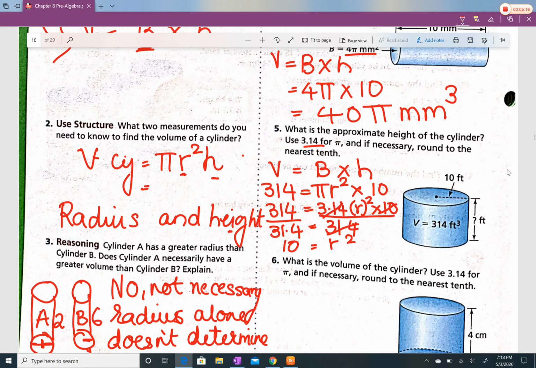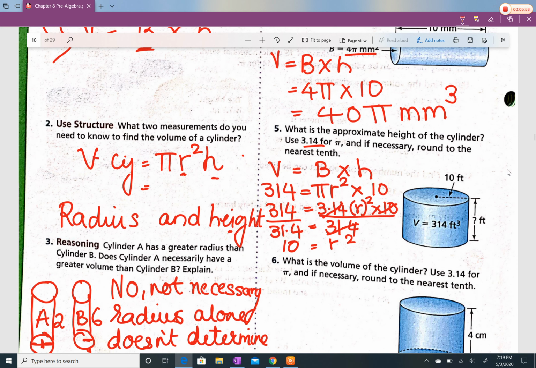R square is 10. 314 is the volume, divided by 31.4, so it will go 10 times. R square is 10, so r should be, what do you find?